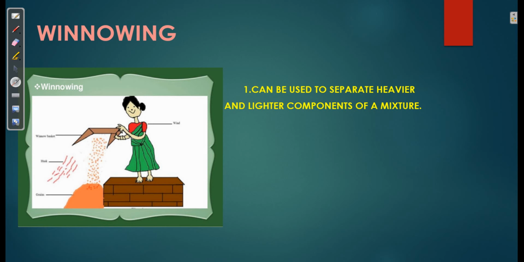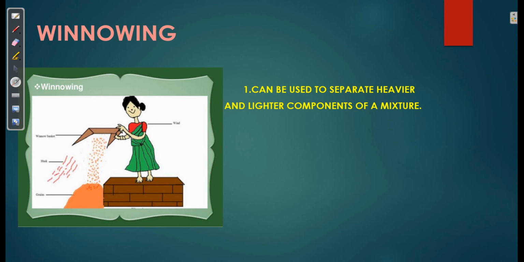All right. So the first point for using this method which you have to remember is that it can be used to separate heavier and lighter components of a mixture.